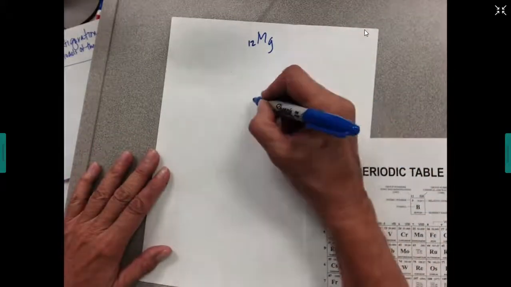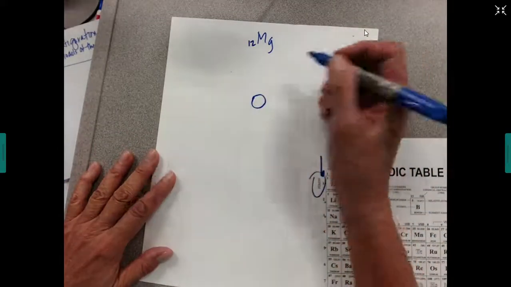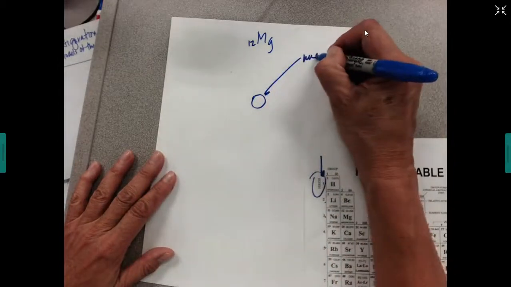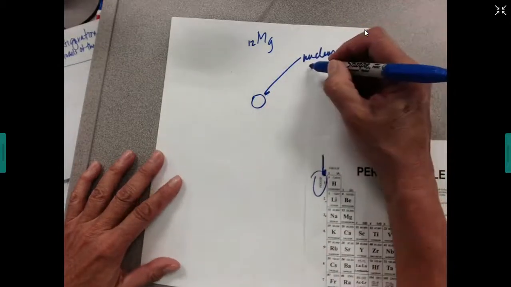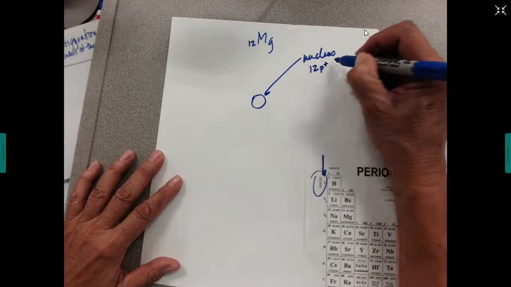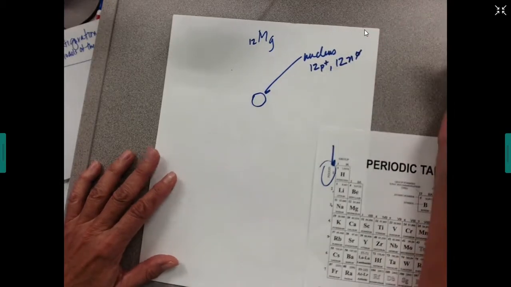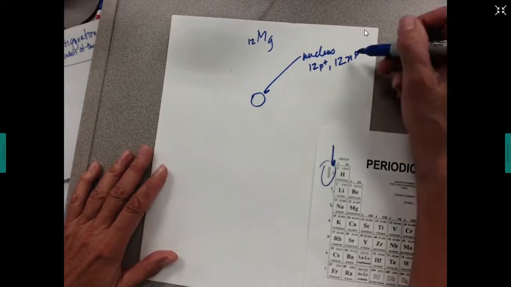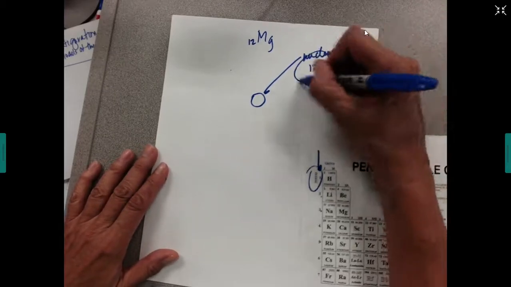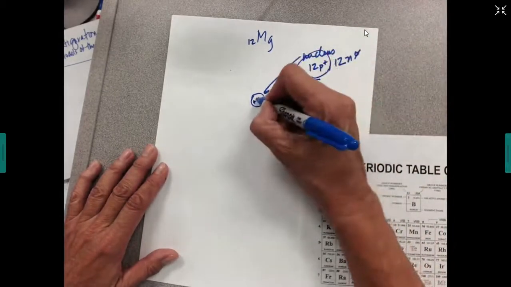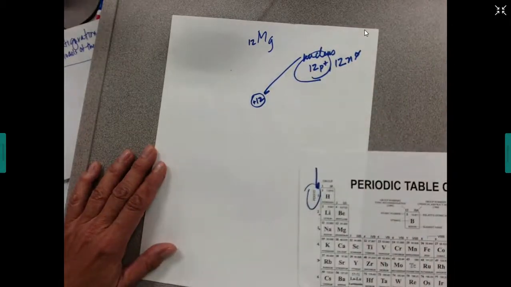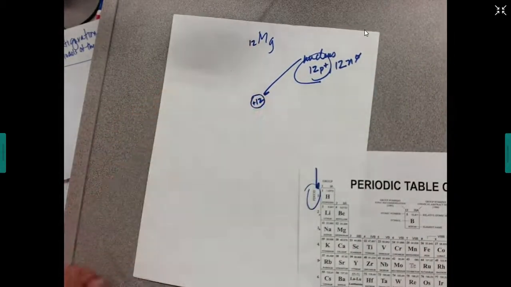Here's the nucleus, and the nucleus would have 12 protons and some number of neutrons, we'll say 12 for argument's sake. It could be more or less depending on the isotope. So we have a plus 12 nucleus, which also means we have 12 electrons.